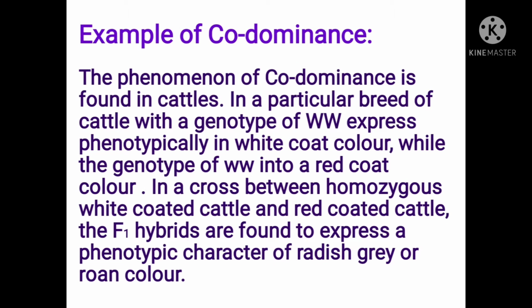Example of codominance. The phenomenon of codominance is found in cattle. In a particular breed of cattle, the genotype of WW expressed phenotypically in white coat color, while the genotype of ww in a red coat color.